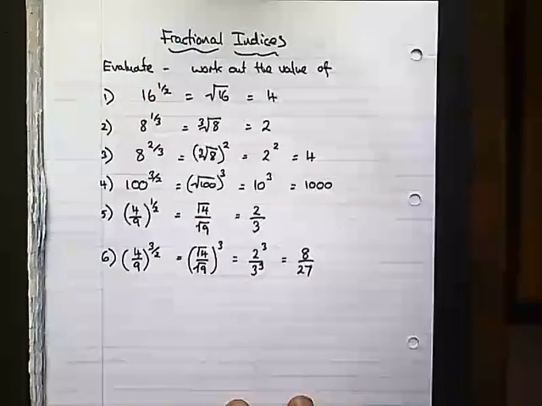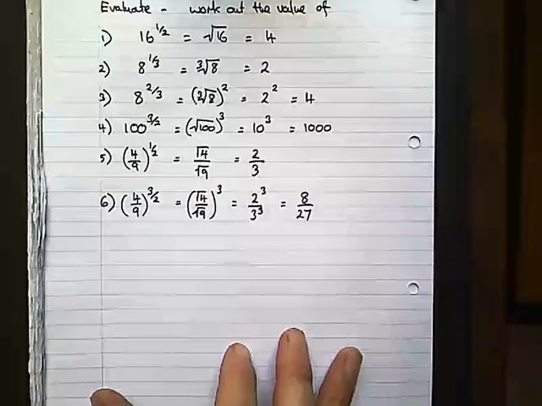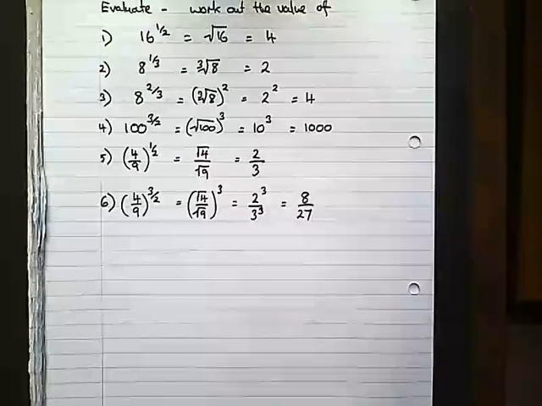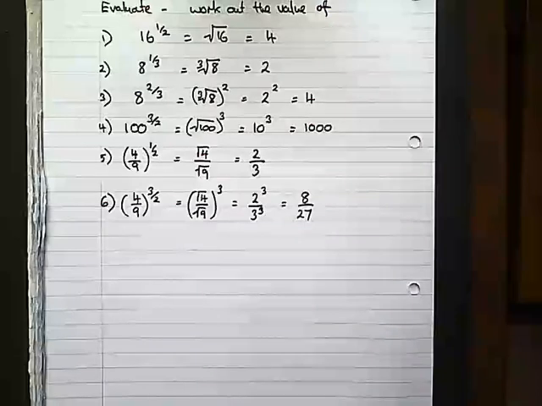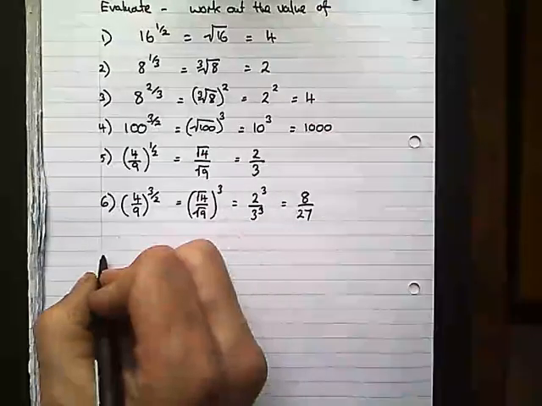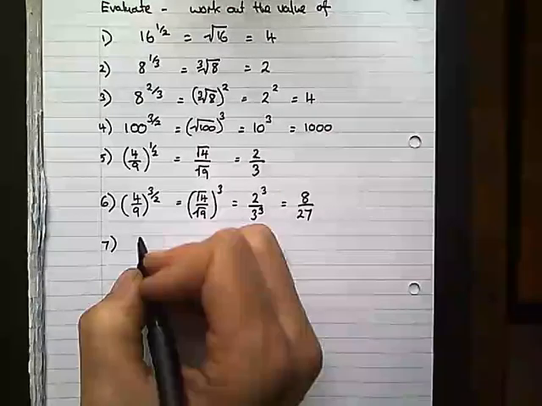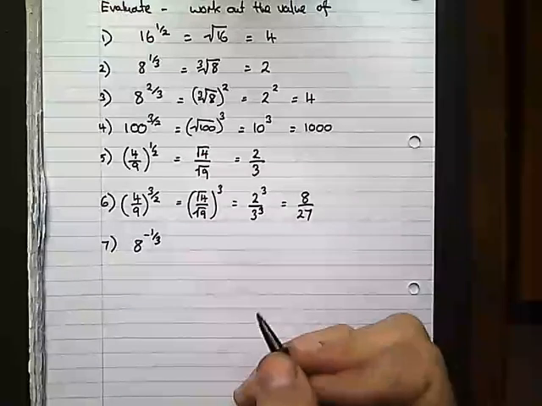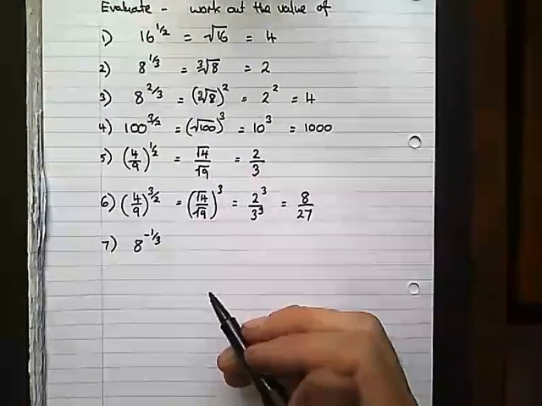So now that we've seen fractional indices, and you can use these examples to help you through some of the questions, let's combine what we've seen already, which was negative, with the fractional indices. So 7. And I'll only do a couple of these. Suppose I had 8 to the power of minus 1/3. Well, the minus, remember, represented the division.